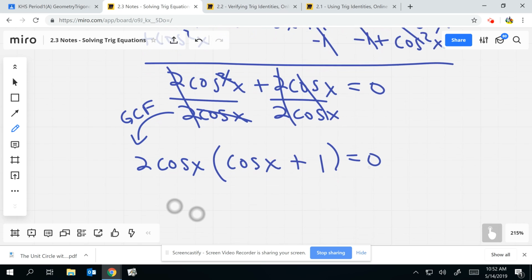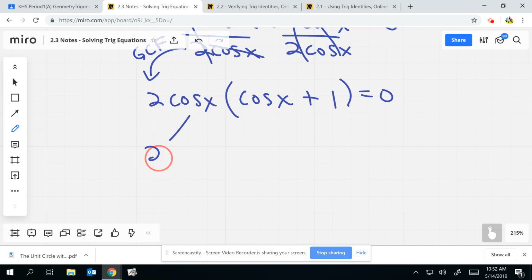So now you've got your 2 parentheses where you can just set them both equal to 0 and solve them. 2 cosine x equals 0, dividing by 2 means the cosine of x has to be 0. So what angle makes a 0 come out? That'd be 90 degrees, pi over 2, and also 3 pi over 2.